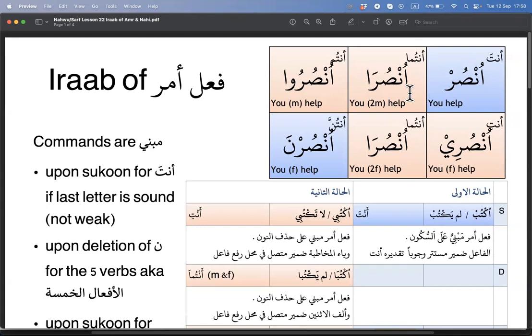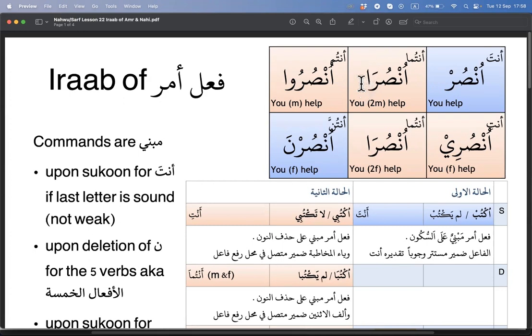What letter tells you that it's antuma? The alif. Yes, okay. So the alif is dhamir. What kind? Is it dhamir munfasil or muttasil? Muttasil. Yes. Dhamir muttasil fi mahali rafa fa'il.